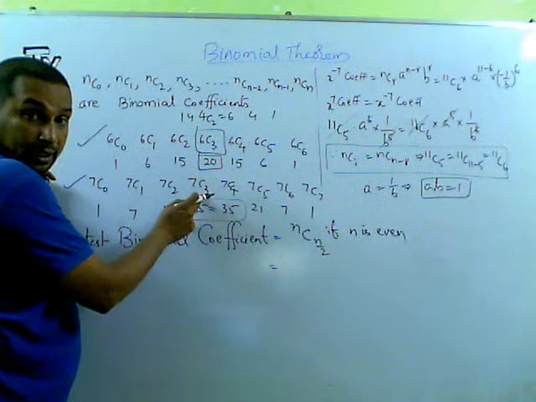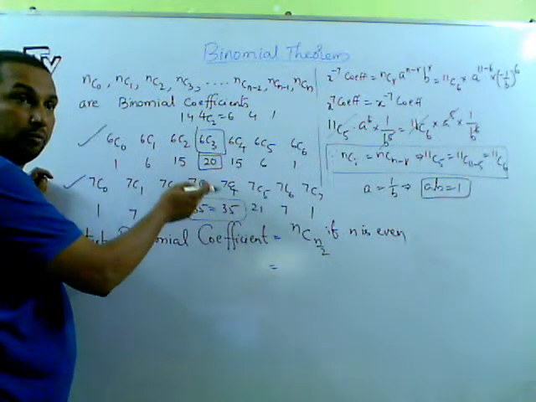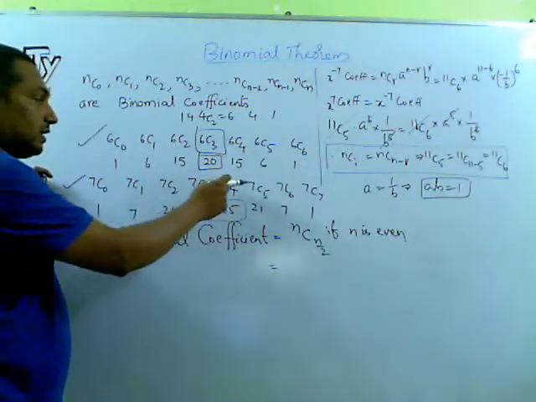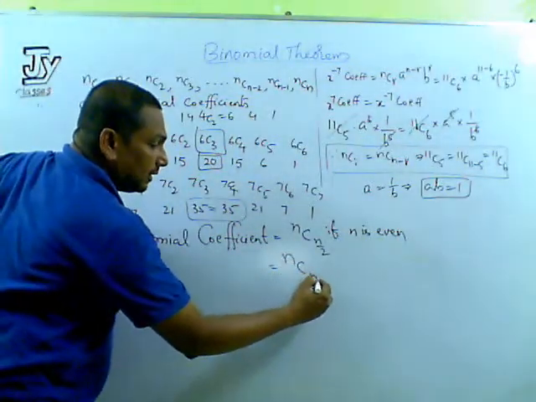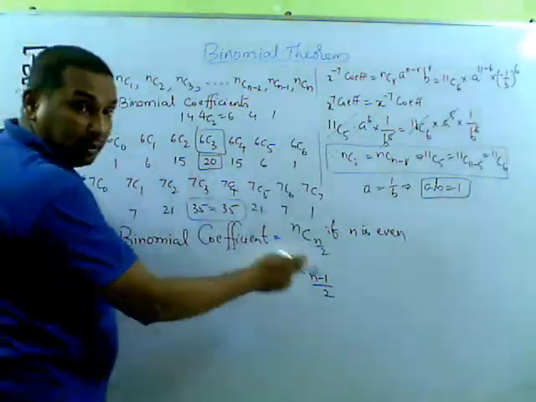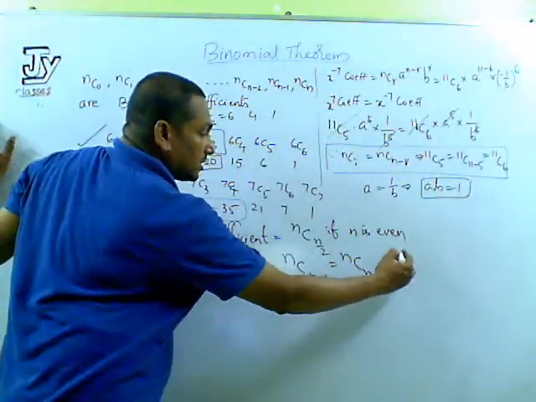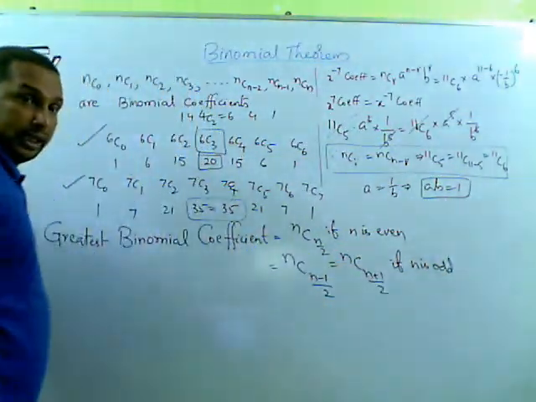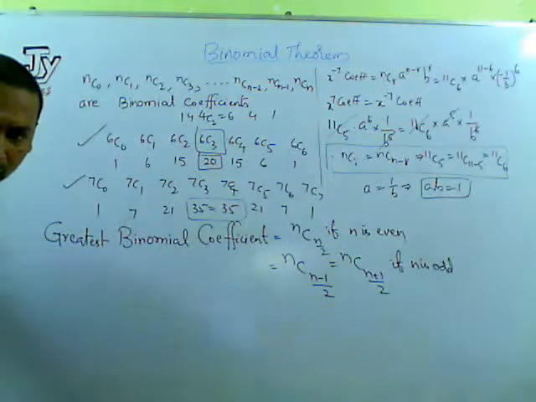For 7C3, that is (7 minus 1) by 2, and 7C4, that is (7 plus 1) by 2. So nC((n minus 1) by 2), sorry, not 3, 2, is equal to nC((n plus 1) by 2) if n is odd. So that is the greatest binomial coefficient.